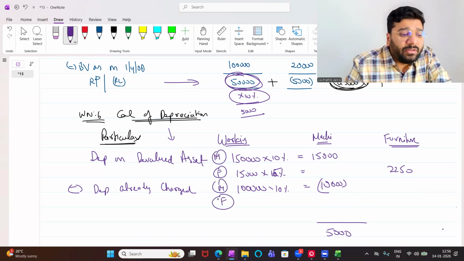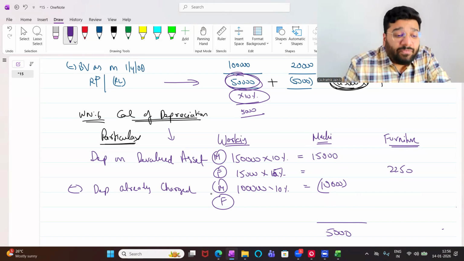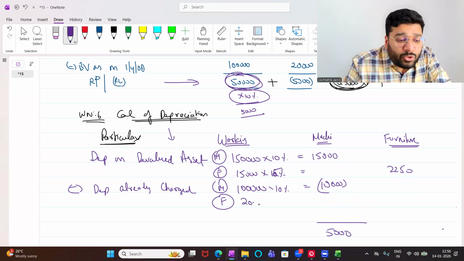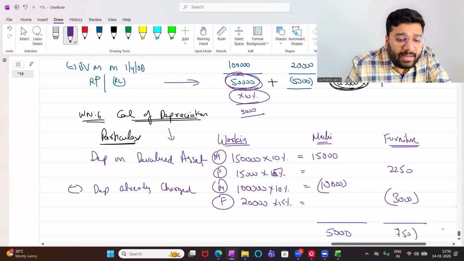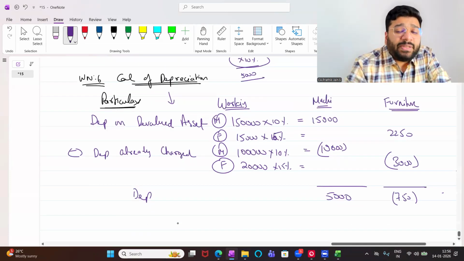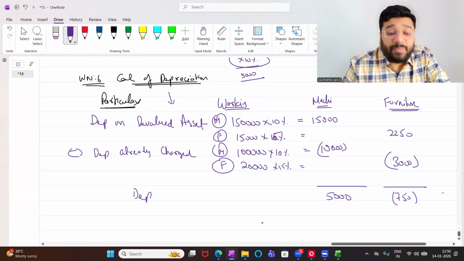Tell me, what is the opening balance of furniture? 20,000 is the opening balance of furniture. Into 15% is how much? 3,000 rupees. Minus 3,000. Now, what is the difference? 750 in negative. Depreciation positive means expenditure. Depreciation negative means reversal of expenditure.